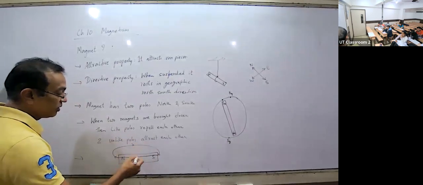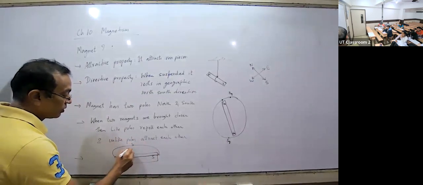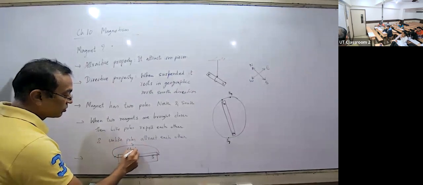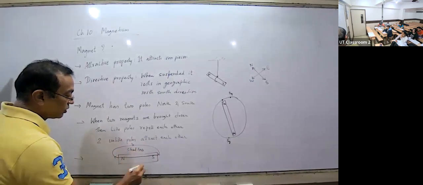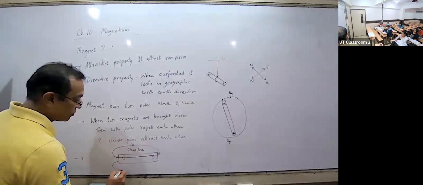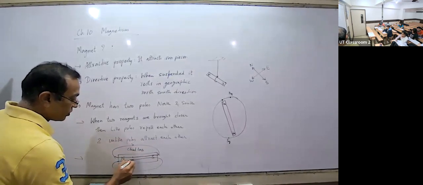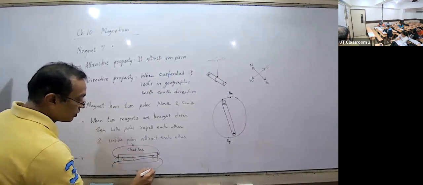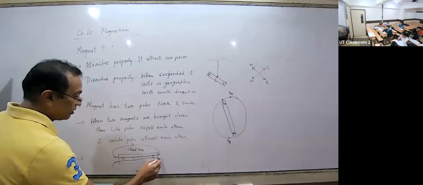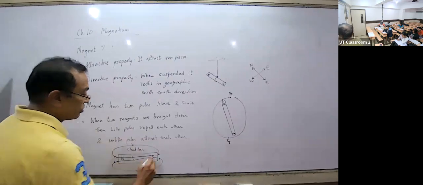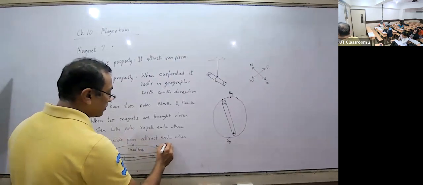That means it makes a loop. So magnetic field lines are closed loops, right? And there are so many field lines. This is the magnetic field line.